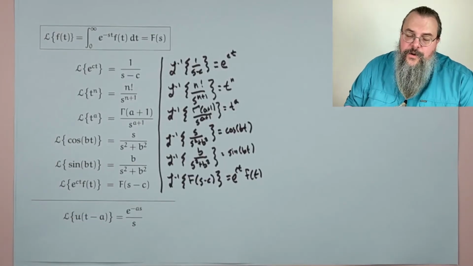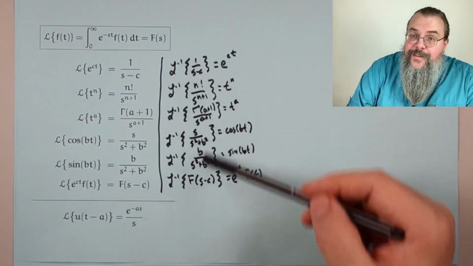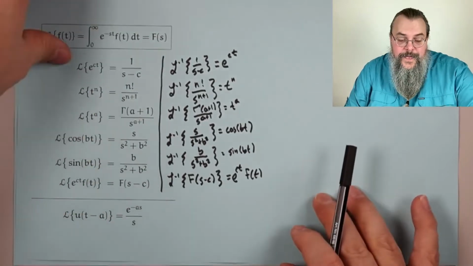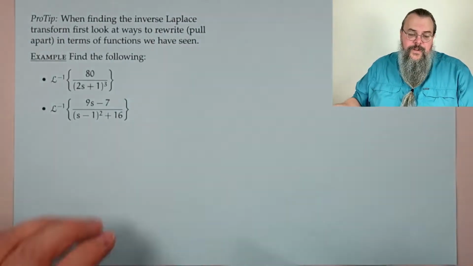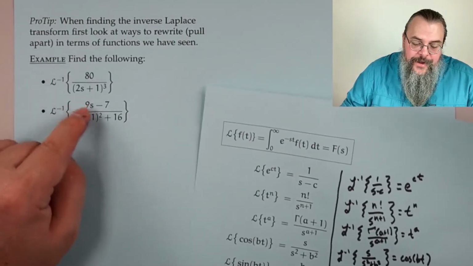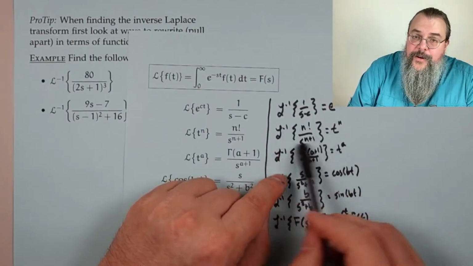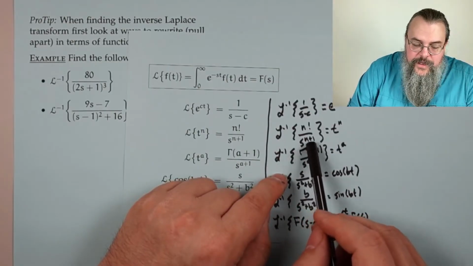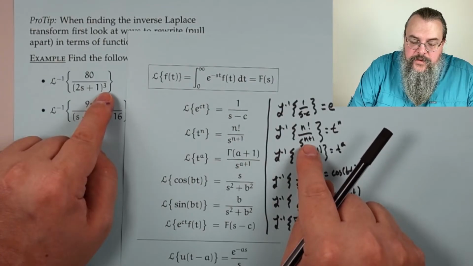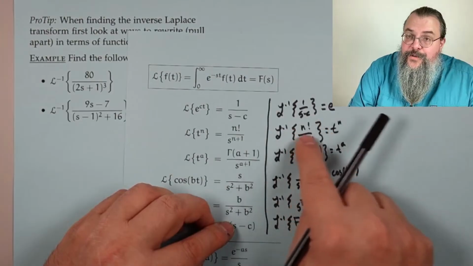And so our goal when we're taking inverse Laplace is to try to make it look like these things so that we can apply the rules. So, getting back to our problems, we say, okay, what does this kind of look like? Well, it looks a lot like this part here, n factorial over s to the n plus 1. Notice here I have n is 2, so I'm going to try to fit this mold.